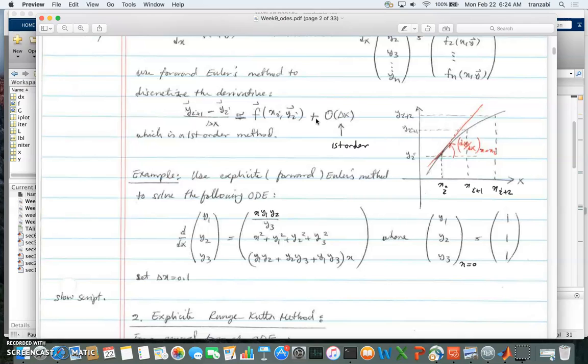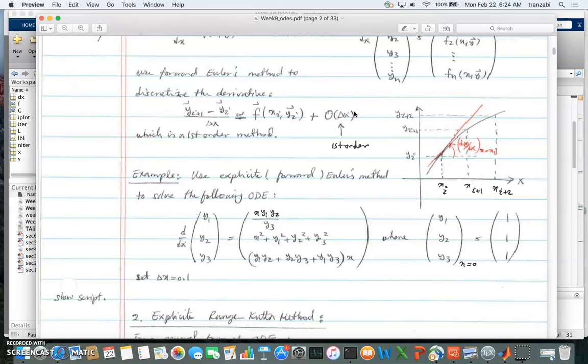Now, there are more accurate methods that go with second order in delta x, which means if you lower the delta x by a factor of 10, then the error goes down by a factor of 100. It's like 10 to the second power. And so lowering delta x by a factor of 10 means that if I use right now, let's say 100 points along the x-axis, I can go ahead and instead use 1,000 points along the same x-axis.